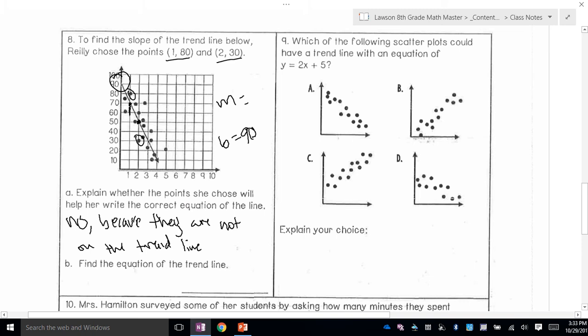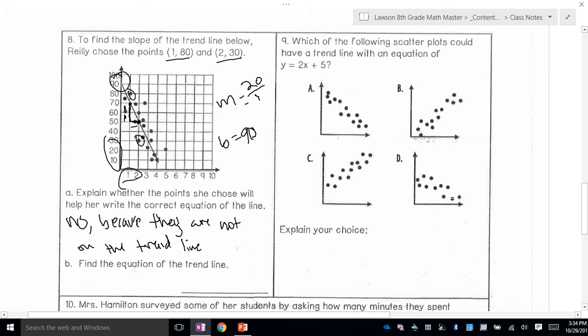My rise, I'll have to go down and then run over. Again, check your axis. They're counting by 10s here and 1s on the x-axis. So my rise would be 10, 20, right? Because they're going up by 10s, 10, 20 over a run of 1. So it would be 20 over 1.